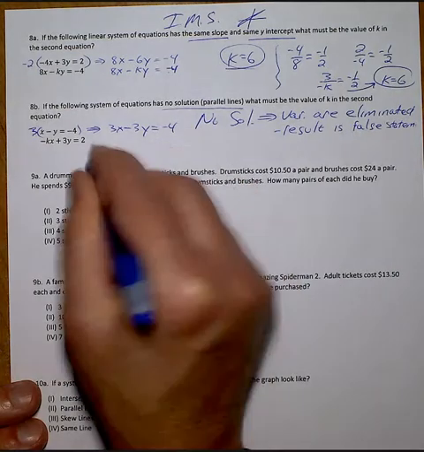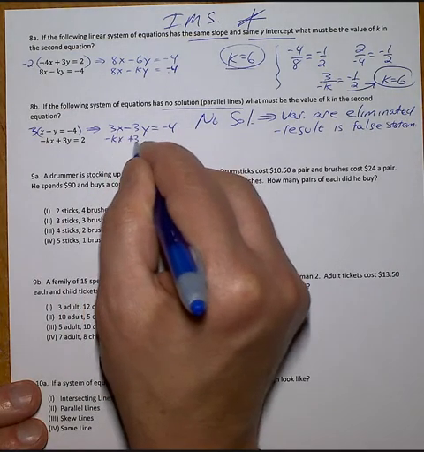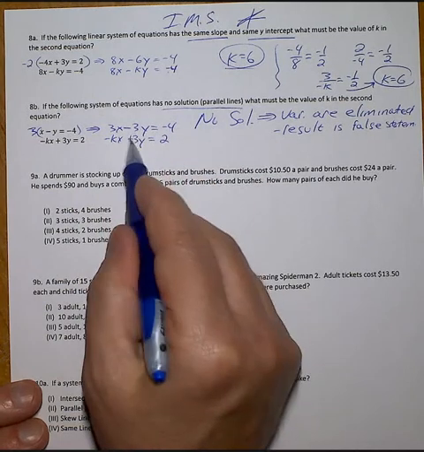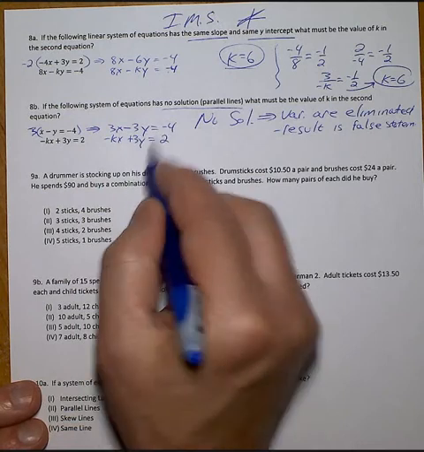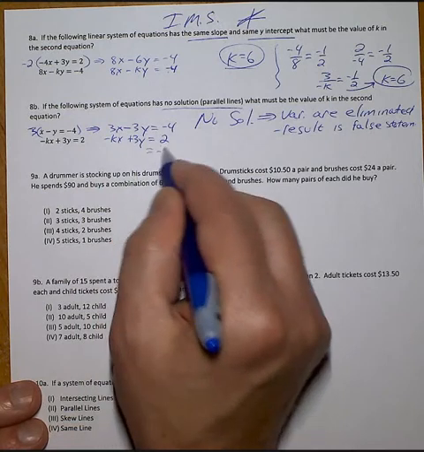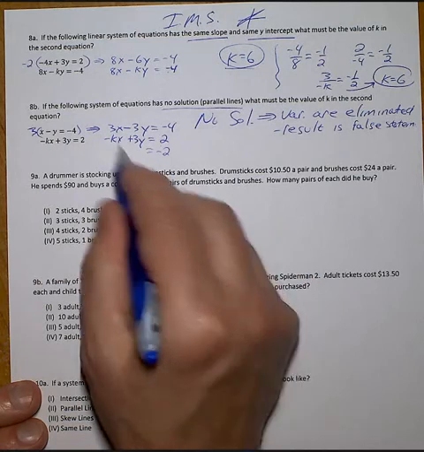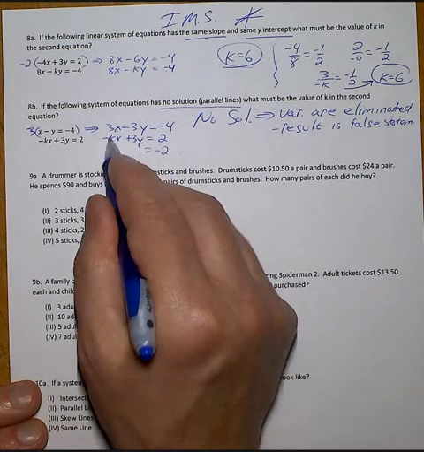I'm going to rewrite this bottom equation: negative kx plus 3y equals 2. So I know I have to eliminate these variables. So right now the y's would go away. This side would be a negative 2. I know I need to get this to go away, and I'd have 0 equals negative 2, which would be a false statement.